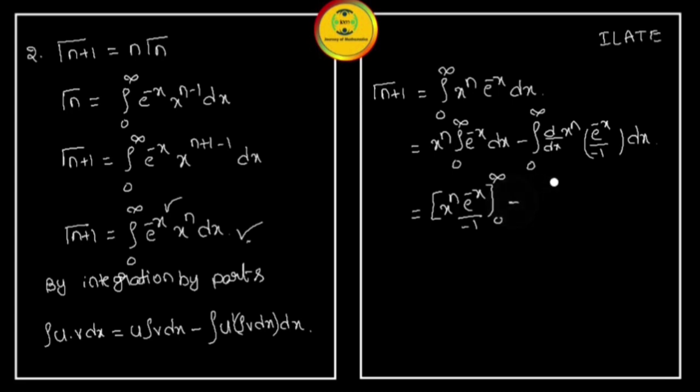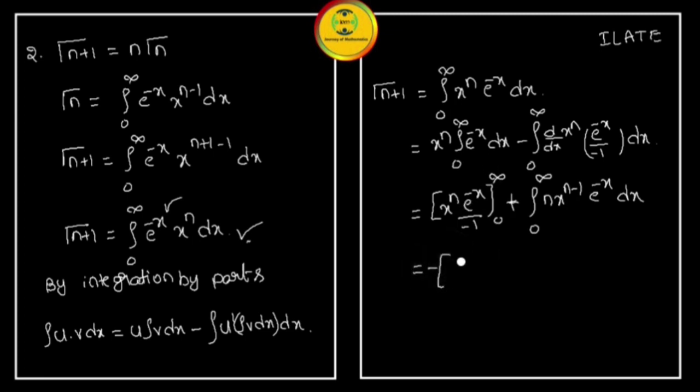So minus integral 0 to infinity, the differentiation of x power n is n into x power n minus 1. E power minus x by minus 1 is there, so minus of minus will give plus, e power minus x dx.